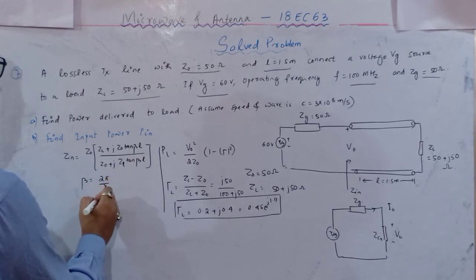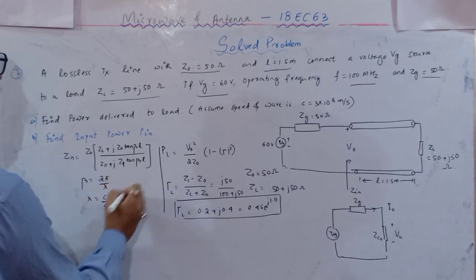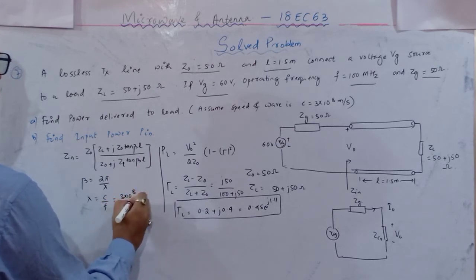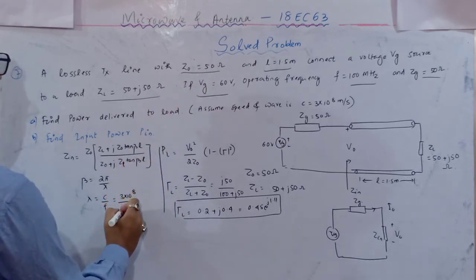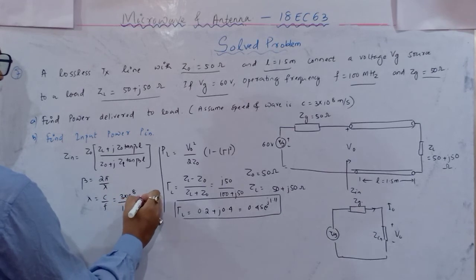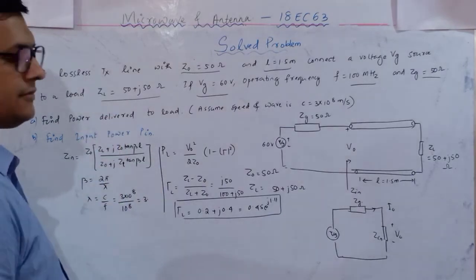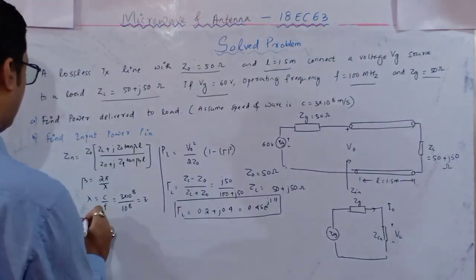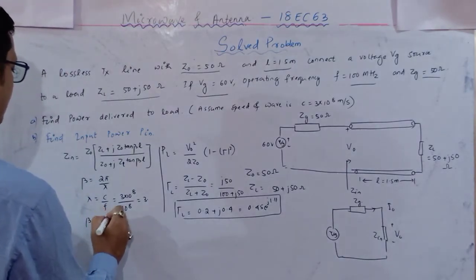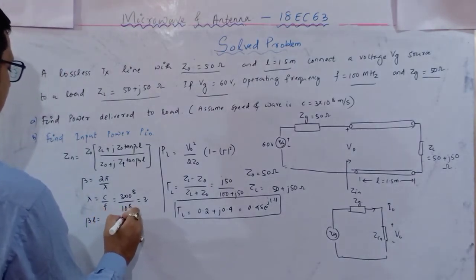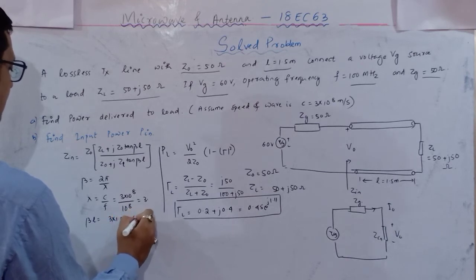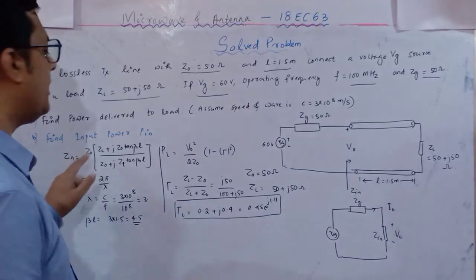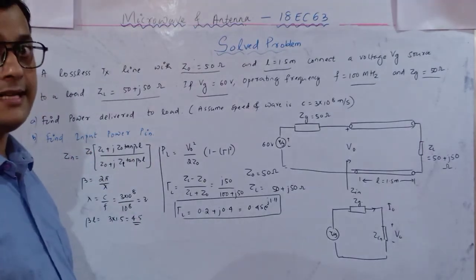What is lambda value? C by F. The phase velocity is the same as the speed of light. The frequency is 100 megahertz. So lambda is 3. Then what is L? It is 1.5. So what is beta L? 3 into 1.5, that is 4.5. Substitute the value here. You will get the input impedance Zin.